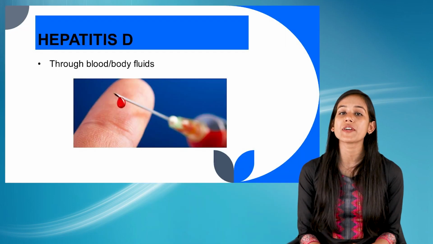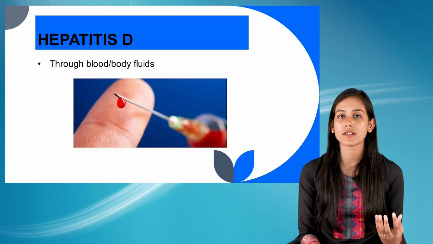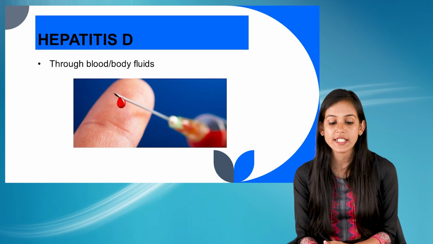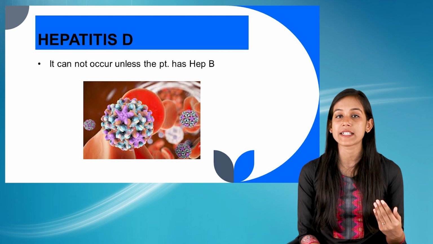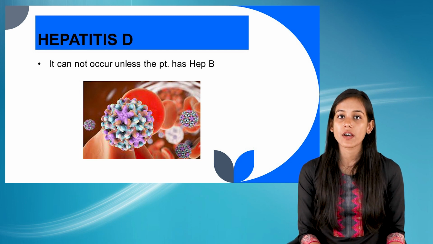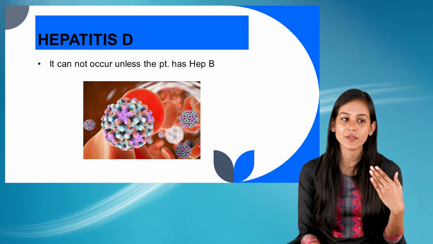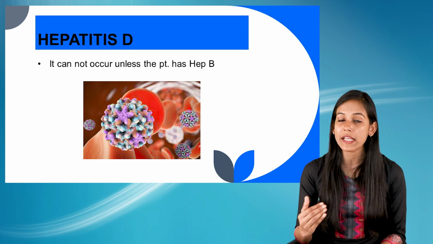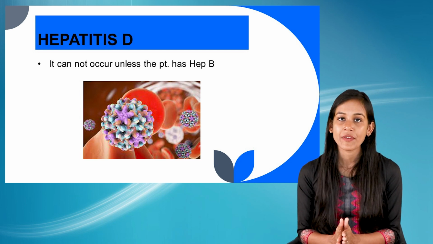Well, next, moving on to hepatitis D virus, right? So this is also a virus which could be transmitted through blood or body fluids, and it cannot occur unless the patient has hepatitis B. Right, so the child would first be affected with hepatitis B virus, and then only is there a chance that hepatitis D might occur, right?